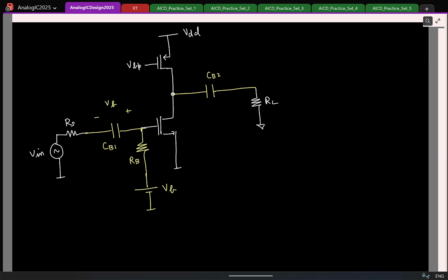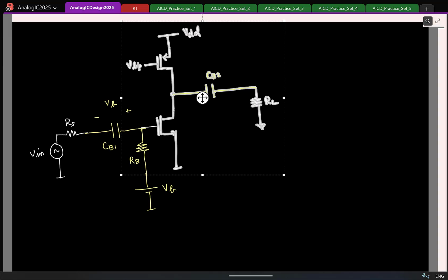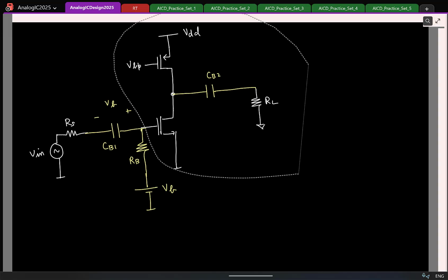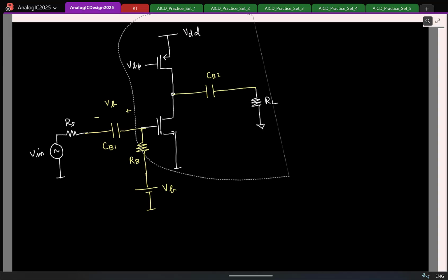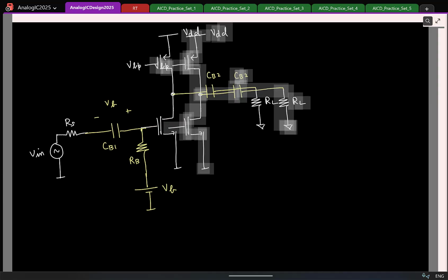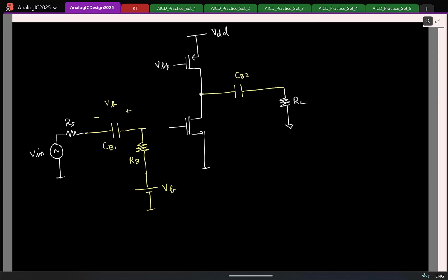And as we saw, instead of using a different voltage source VB, I can derive this by putting a resistive divider from VDD. That's okay. Now the point I want to make is the following. Again, as I mentioned before, what can you say about the values of the capacitors first of all?